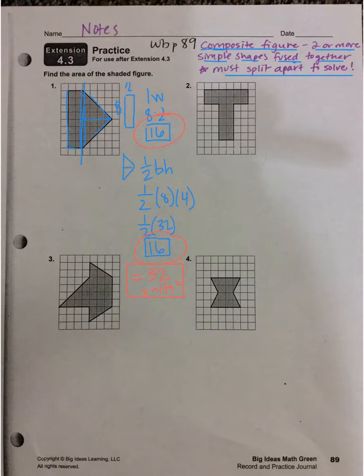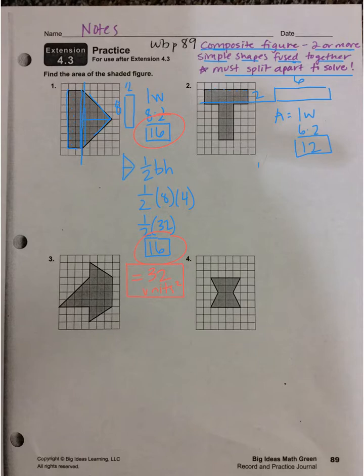Number two, we're going to divide this so I do the fewest number of cuts possible. So I would say let's divide it right along here. So we have a 2 by 1, 2, 3, 4, 5, 6, 2 by 6 rectangle, and therefore area equals length times width, 6 by 2 or 2 by 6, which would be 12.